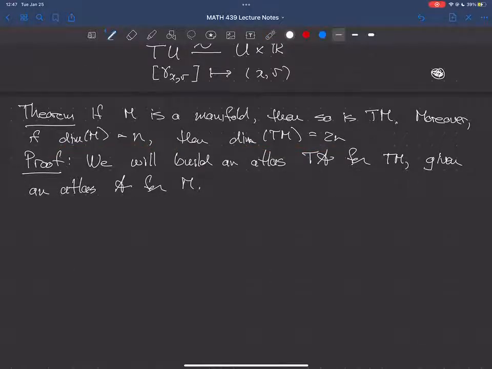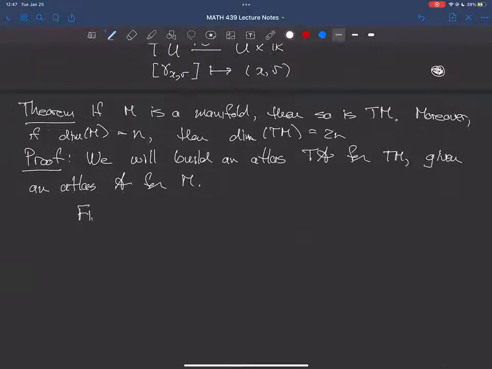Okay. All right, so first thing we'll do is we'll say, if I give you just a chart for M, how that induces a chart for TM. Okay, so first, let U, phi be a chart for M. Okay.